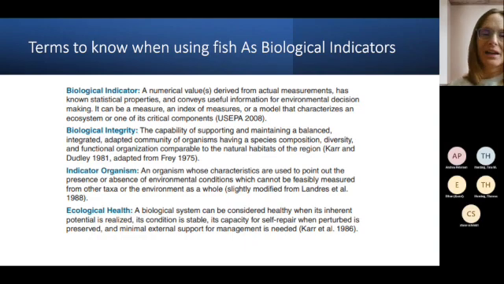Back in the old mining days, if they weren't sure if the mine was safe to go in, they'd put a canary in, and if the canary died, that was an indicator that it wasn't a safe place for humans. And if the canary lived, it was probably an okay place to be. So that's what an indicator organism is.